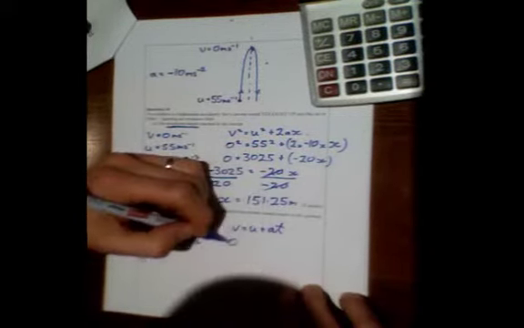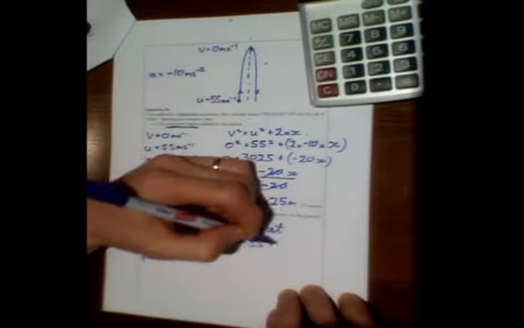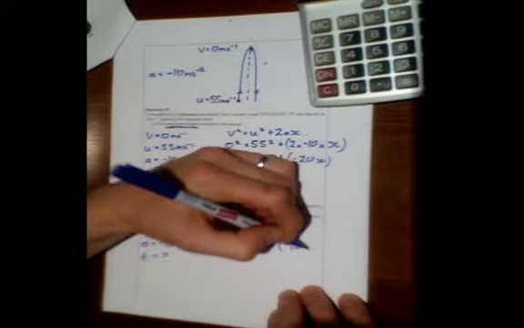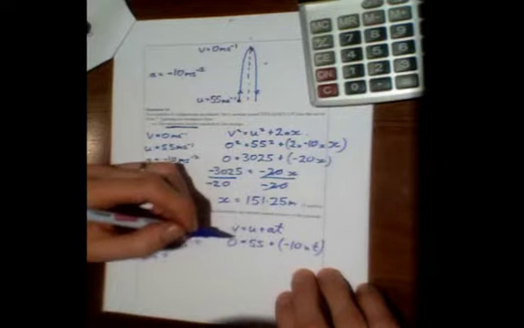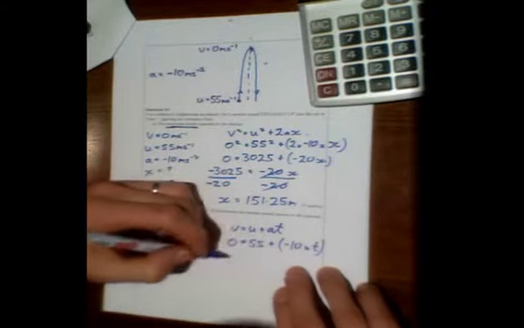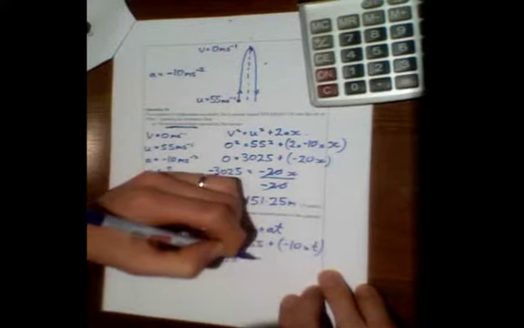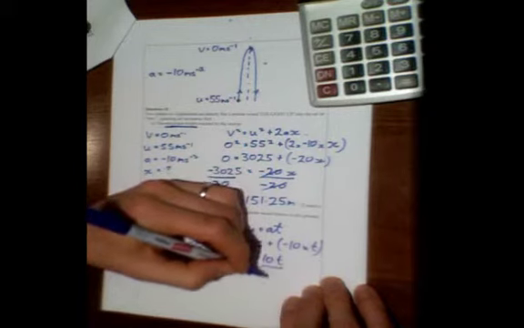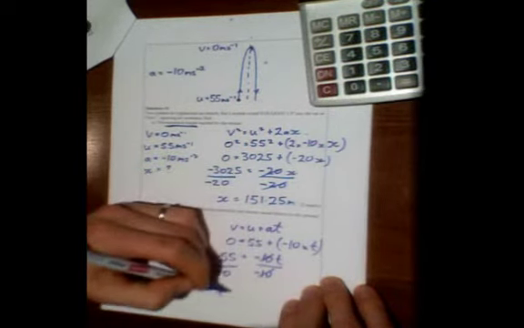V is 0. U is 55 plus A is minus 10 times by T, which is our unknown. If we subtract 55 from both sides, we end up with minus 55 on this side equals minus 10t. Divide both sides by minus 10.